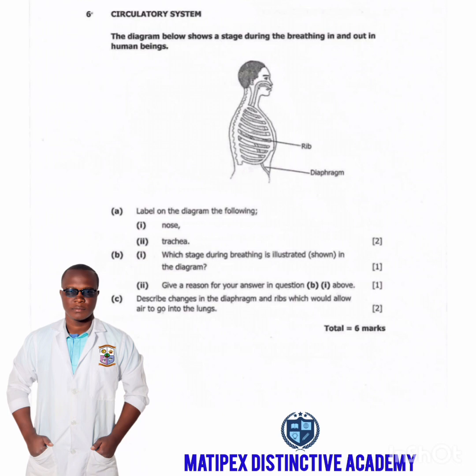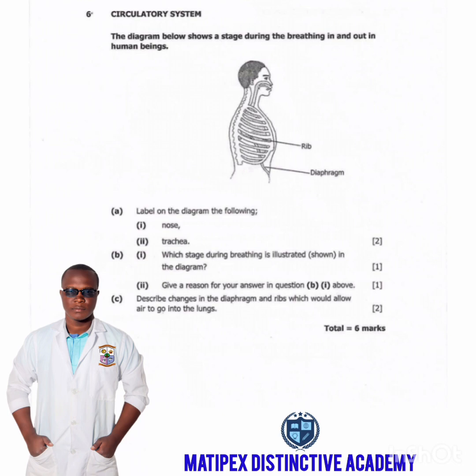Okay. Question C. Describe the changes in the diaphragm and ribs which would allow air to go into the lungs. So the changes which take place in the diaphragm and ribs during inspiration.